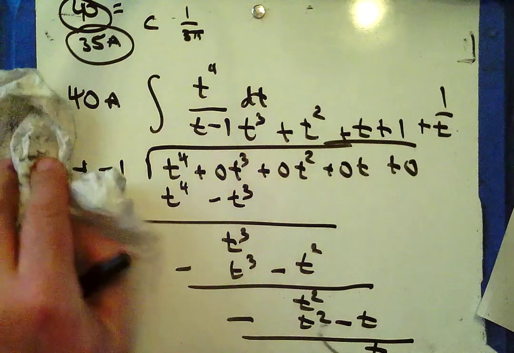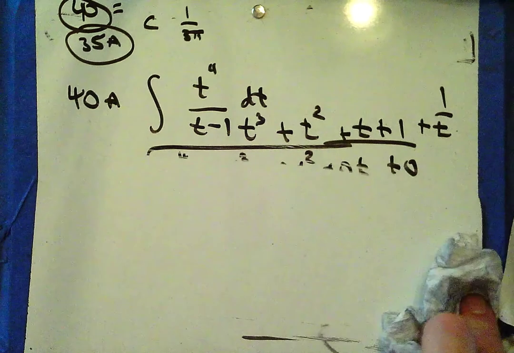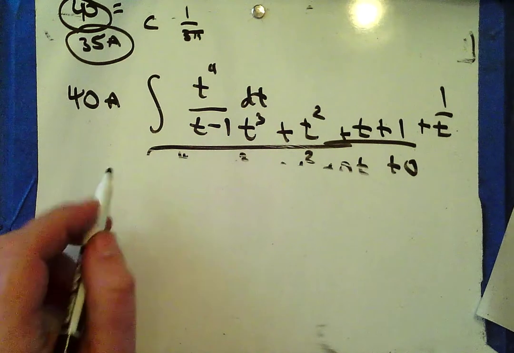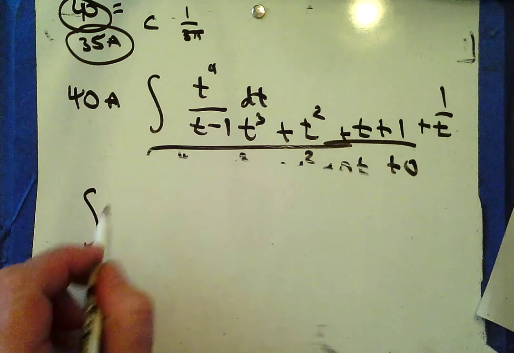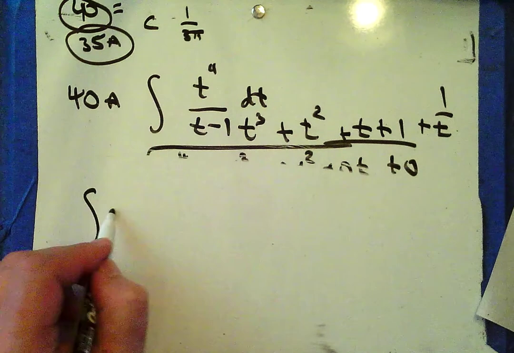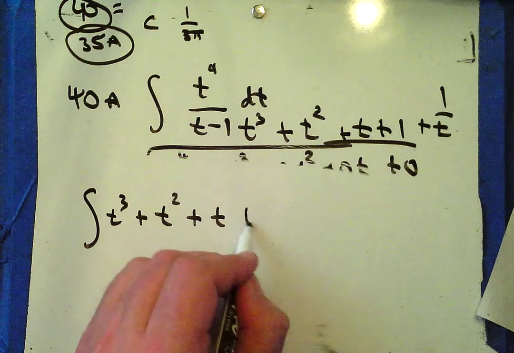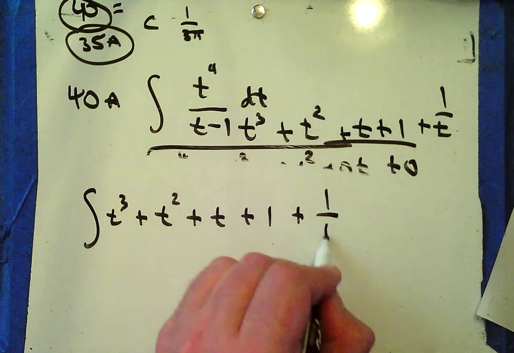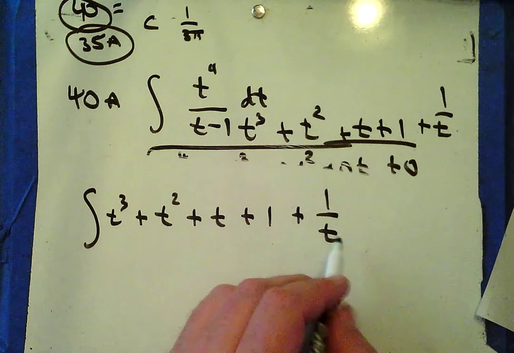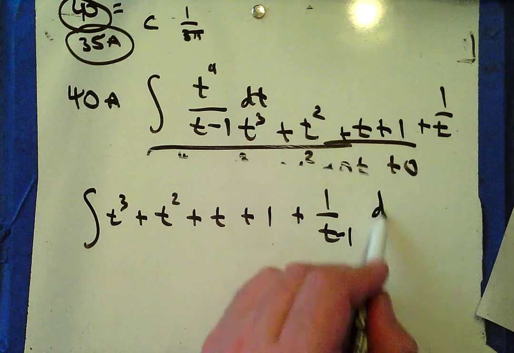But wait a minute, that was just the division part. We haven't done the integrating part yet. So all we've done is establish that this integral is the same as the integral of t to the third plus t squared plus t plus 1 plus 1 over t minus 1 dt.